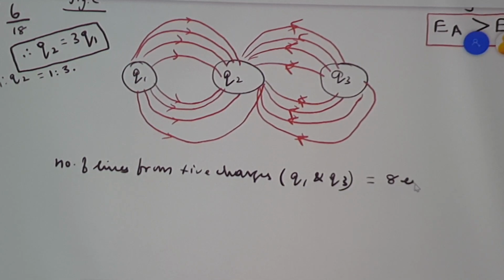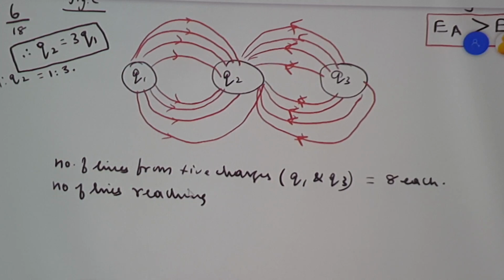The number of lines reaching the negative charge, that is Q2, is 8 and 8. Our total number of lines is 16.